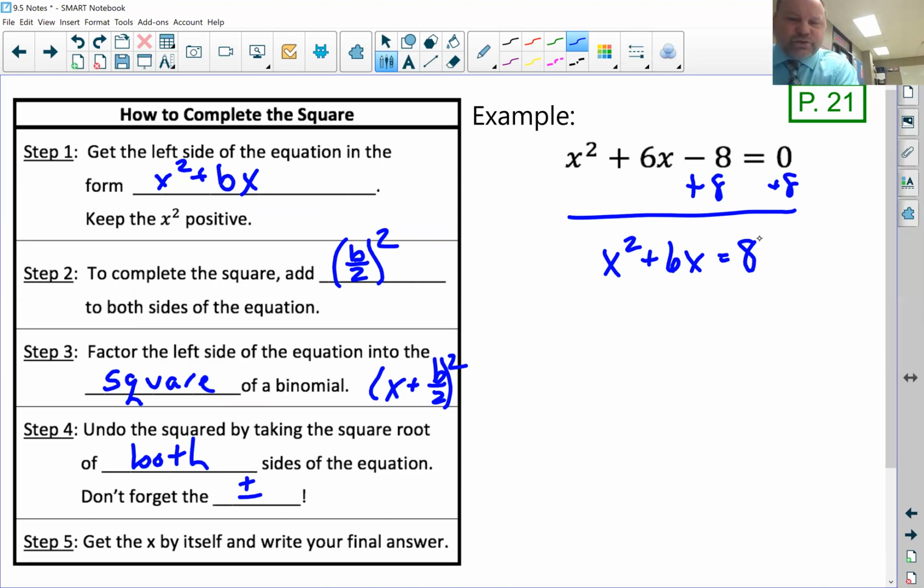So completing the square, I would take my b divided by 2 and square it. That would be 3 squared. So I add 9 to both sides.